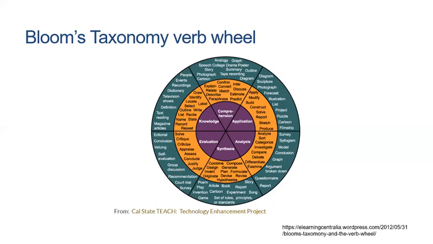I love this verb wheel because I can find these great action verbs that help me be a little more creative in designing learning outcomes. Sometimes I don't feel very creative on my own, but a tool like this makes it a lot easier. And in the green outer ring, we've got products or activities that students can create or work on to help them achieve these learning outcomes.